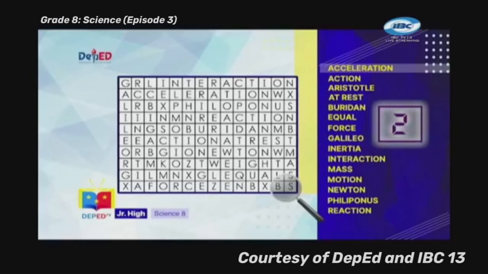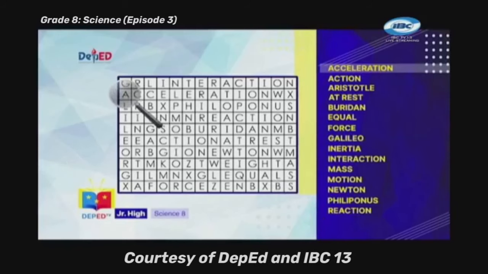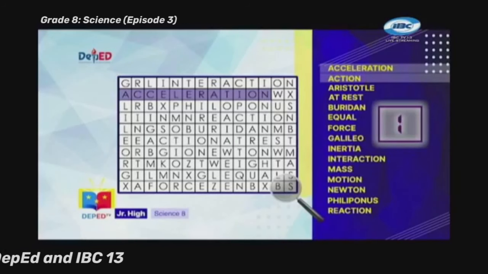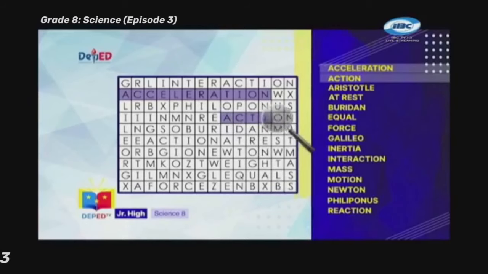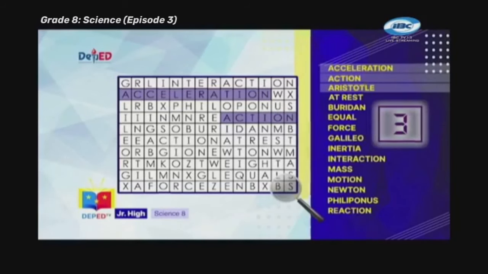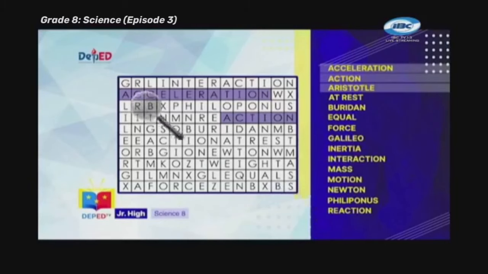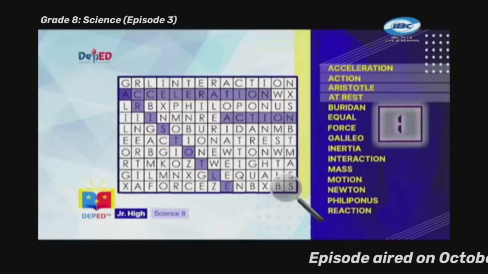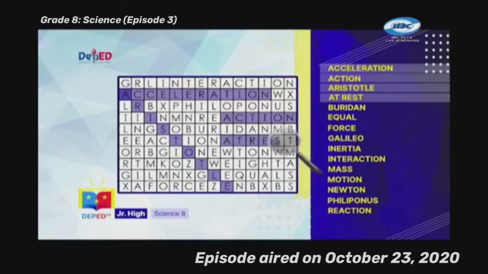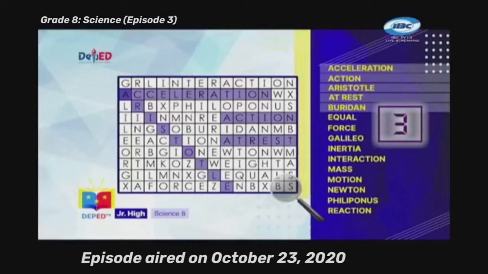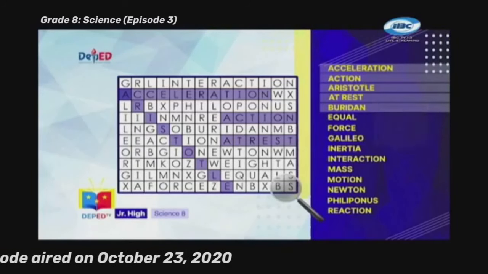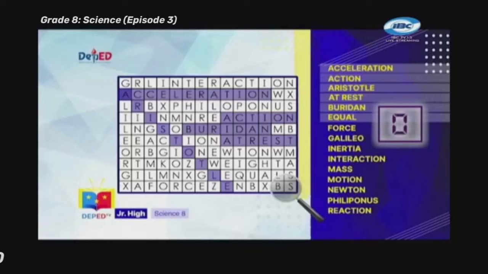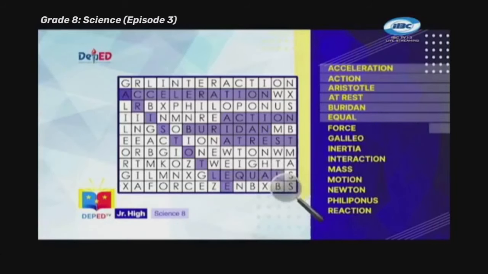Acceleration. Action. Aristotle. At rest. Buridan. Equal. Force.